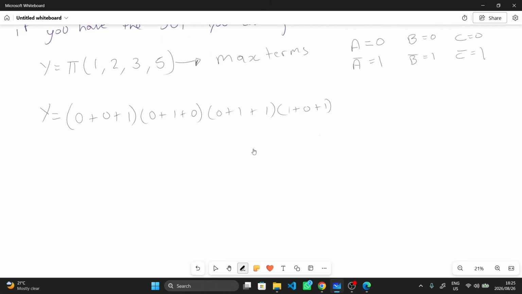So our equation will be something like this. So A is 0, A plus B, 0, B plus C complement. Similarly, we'll have A plus B complement plus C, right?